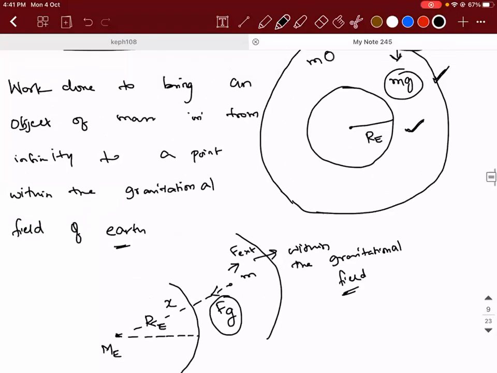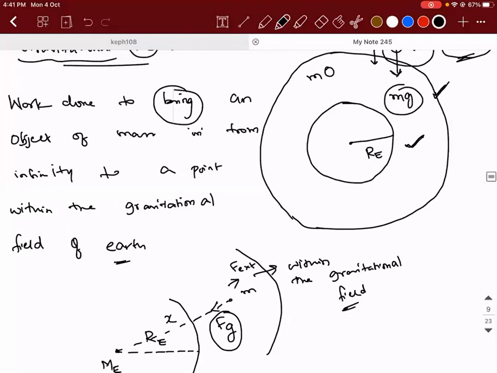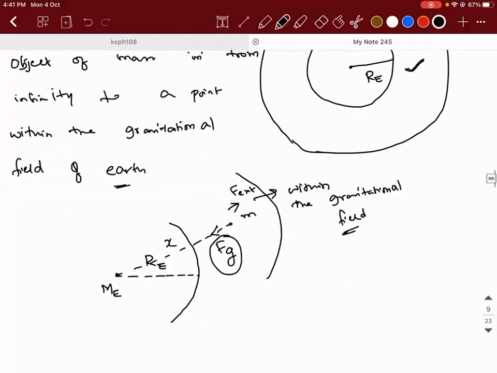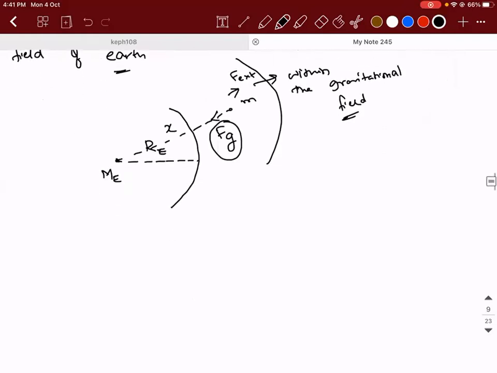Now what is the definition saying? Work done by us to bring an object of mass m from infinity to a point within the gravitational field. Listen to this carefully. If I displace this object through a distance dx, then what is the small amount of external work done by this force? Can I write it as F external into dx into cos 180 degrees, from the basics of work, energy, power?